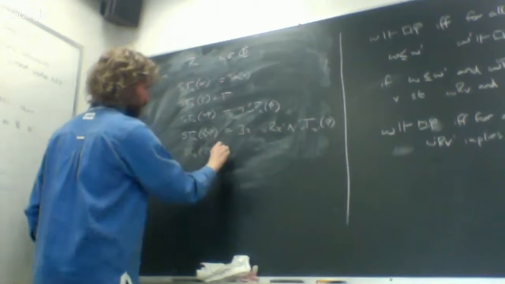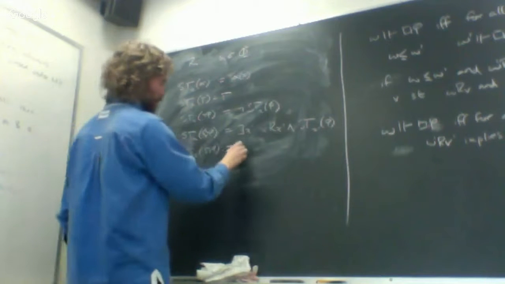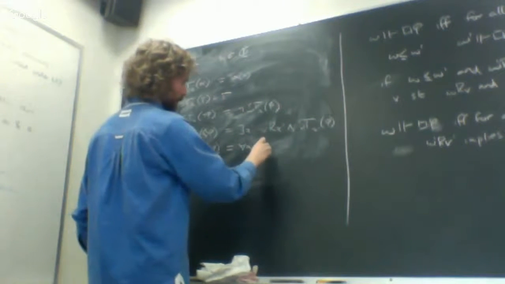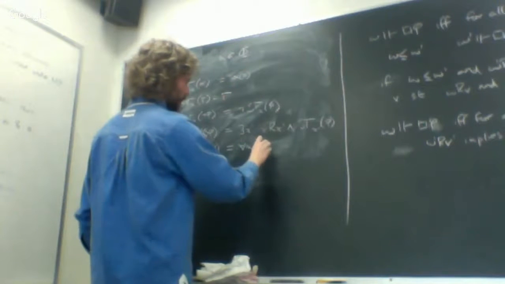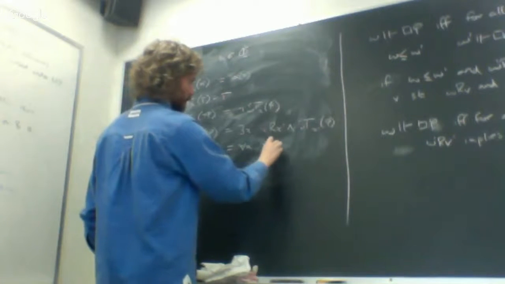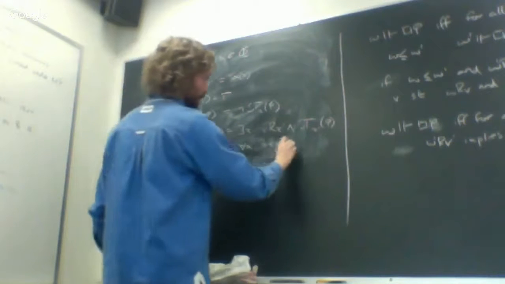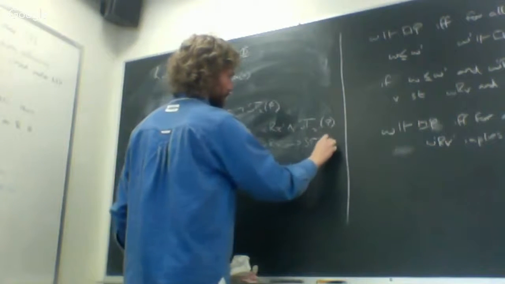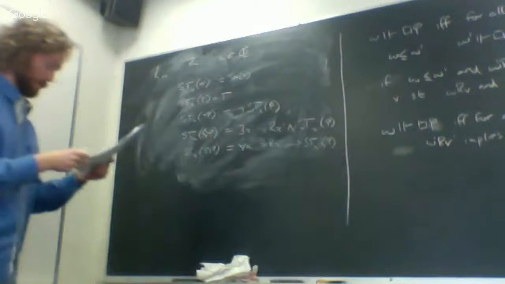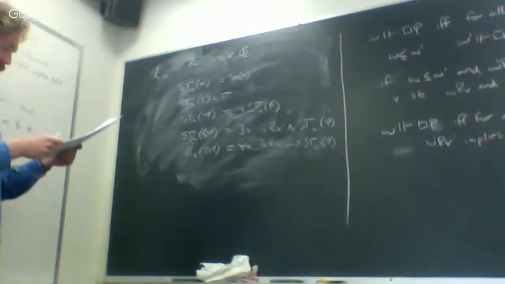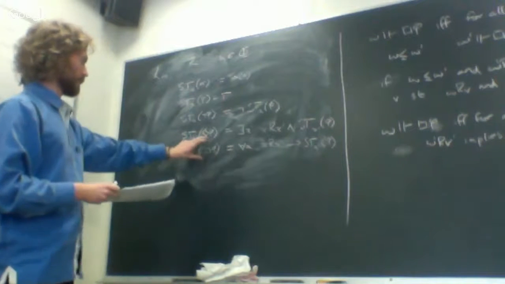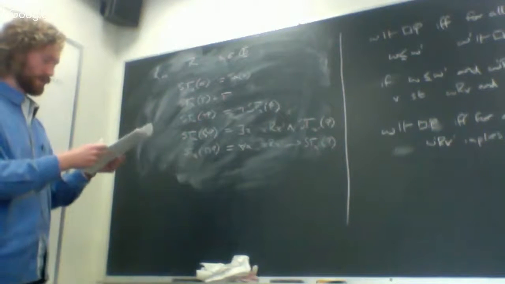Box, you might be able to guess if you spotted this: for all x prime, x related to x prime implies the formula holds at x prime. So we introduce a new fresh variable when there's modalities involved.